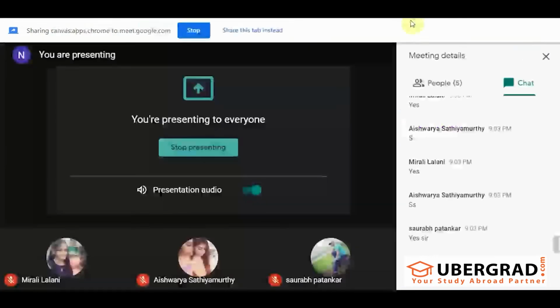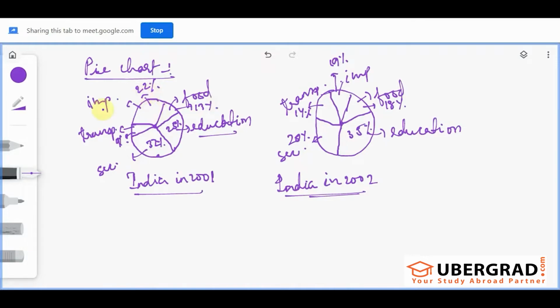So when you will compare these graphs, how will you write about it? You will say that the expenditure or the amount of money spent on the import in the year 2001 was 22%, which decreased by 3% in the year 2002. So there are two ways in which you can write.